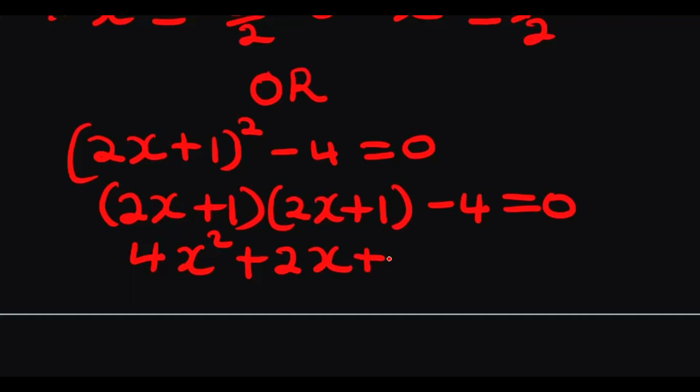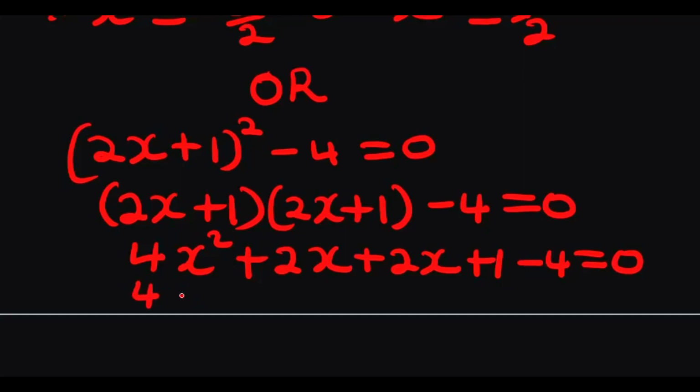Then 1 times 2x is positive 2x. Then 1 times 1 is 1. Then minus 4 equals 0.